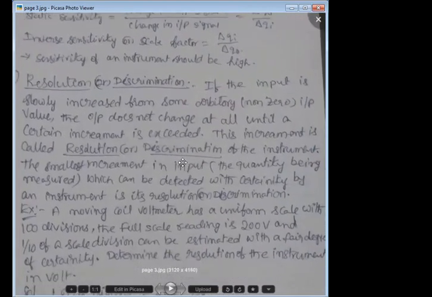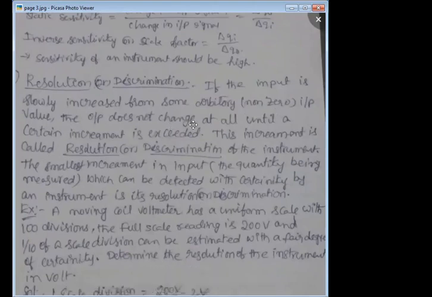If the input is slowly increased from some arbitrary input value, not zero. Here the case is we are not increasing from zero, we are increasing from some non-zero value, it may be 1 or 2 like that. Then the output does not change at all until a certain increment is exceeded. We do not get the output until the input has changed by a certain amount.